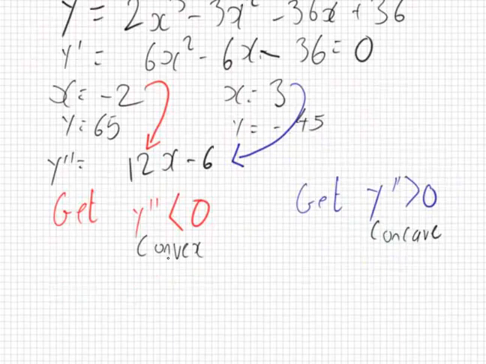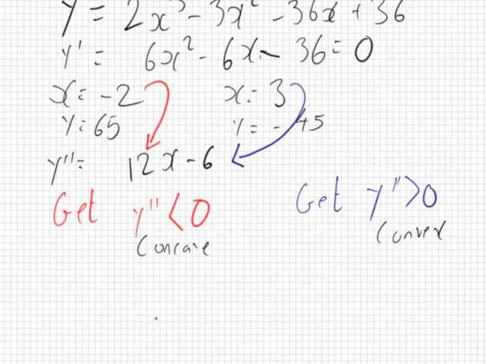Yeah? So convex is this shape. Wait a second, I think you gave that to me backwards. Negative is concave. Yes. Concave, and positive is convex. So concave is this shape, but then it switches to convex.